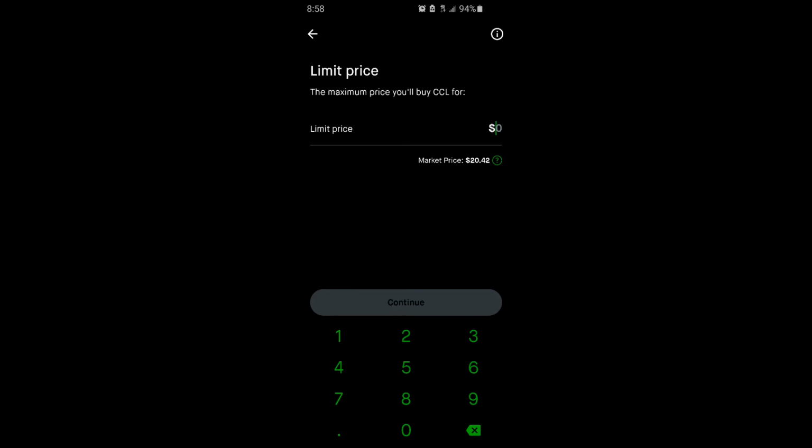And so what it'll do, so right now the market price, like it says, is $20.42 a share. And so let's say I'm watching it, it's an actual day where the market's open, it's like 11 a.m. and I see it's trending downwards. So I think, okay, it might go down to about $20.